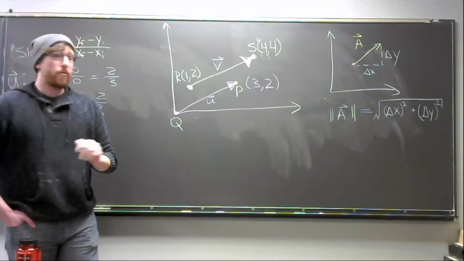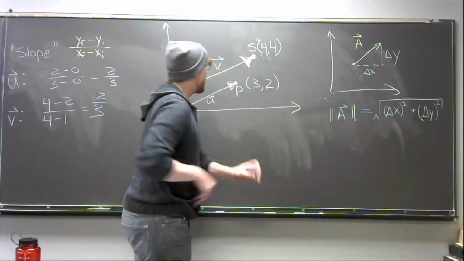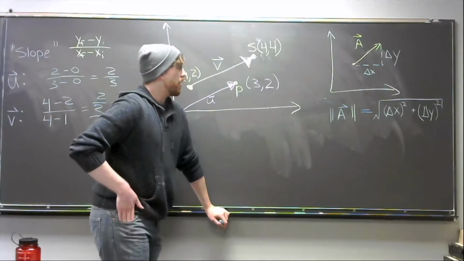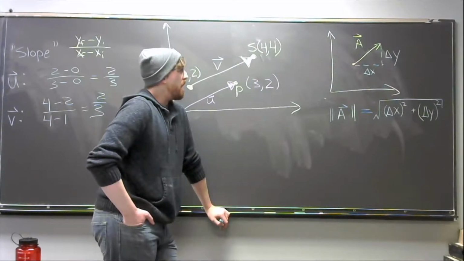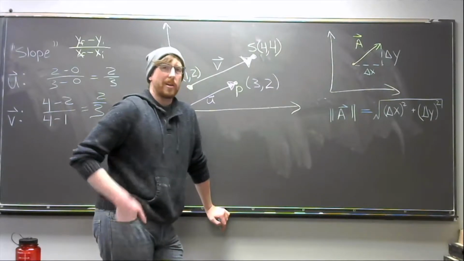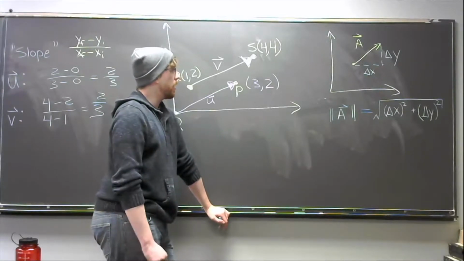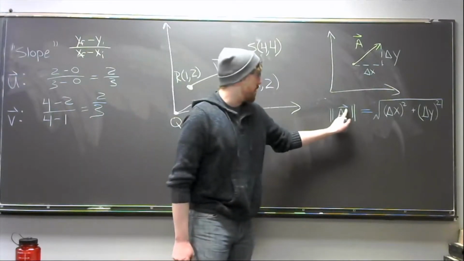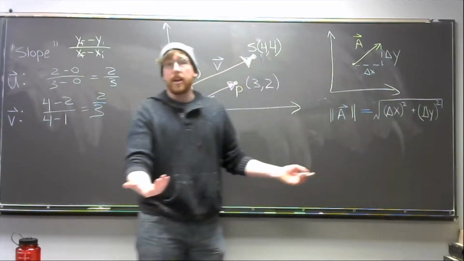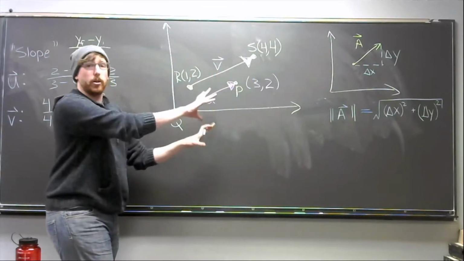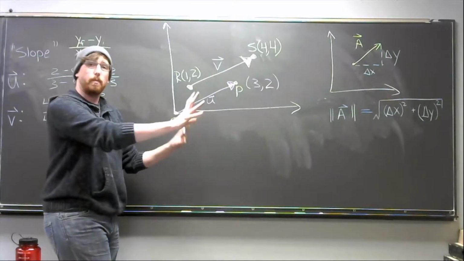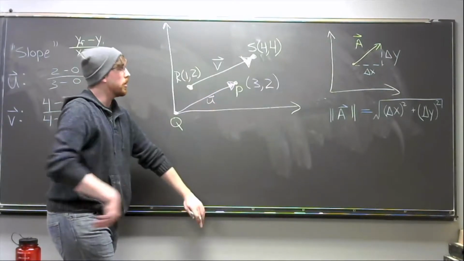Now, before I go any further than this, you might have noticed something. Every time I write one of these vectors as just a symbol, A, U, V, whatever, I put an arrow above it. That's how we denote a vector when we're writing it down on paper, on a board, or whatever.